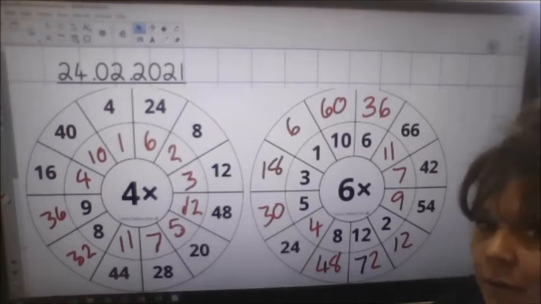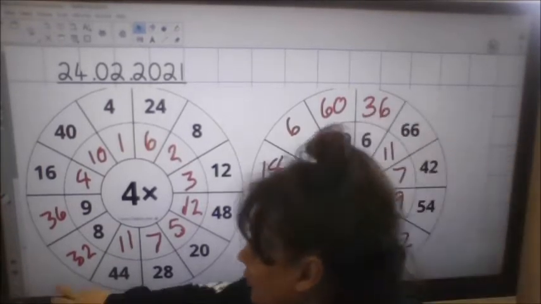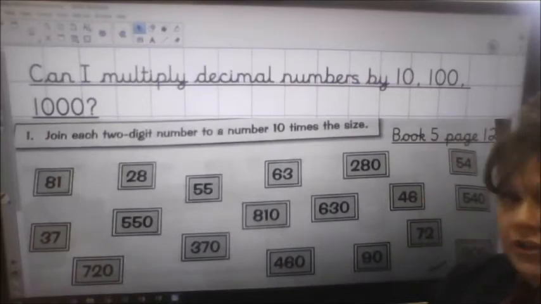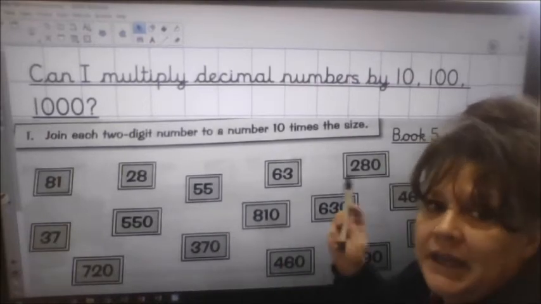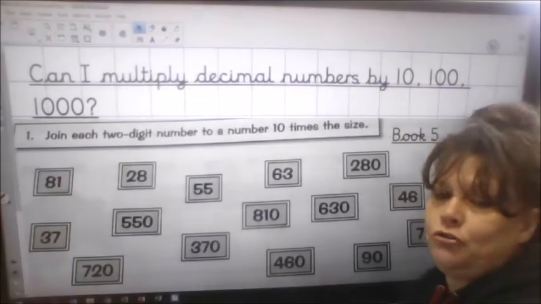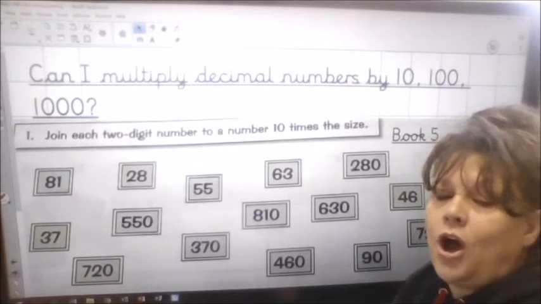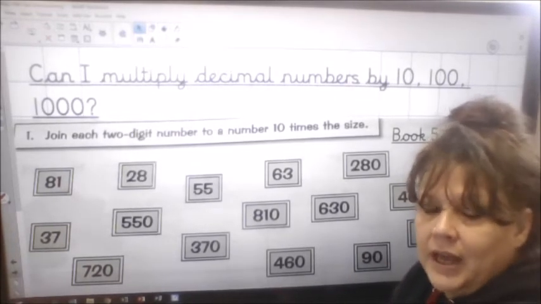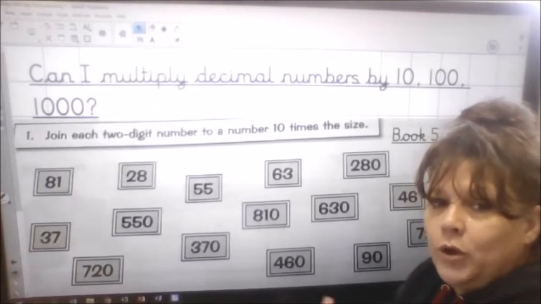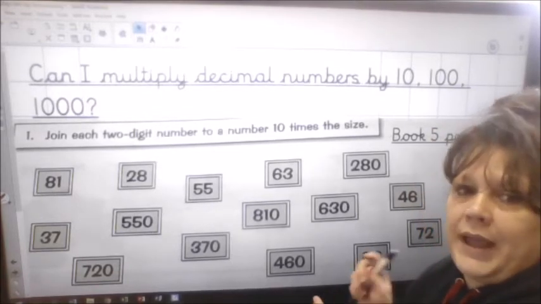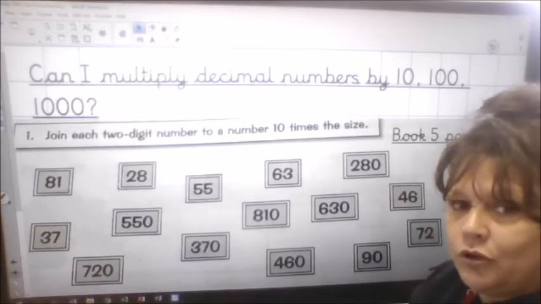That links in very well with what we're going to be doing today, because we're going to be looking at some multiplication. And we're going to be looking at multiplying decimal numbers by 10, 100 and 1000. Now, we have multiplied whole numbers by 10, 100 and 1000 a little while ago. So we're just moving away from that a little bit and into those decimal numbers.